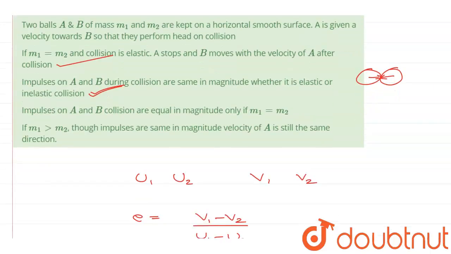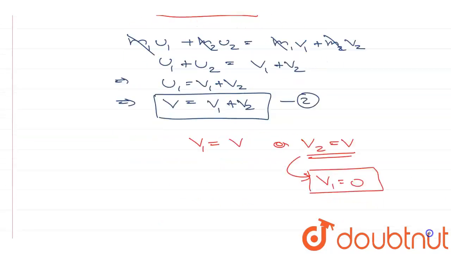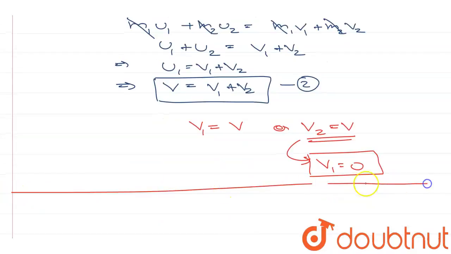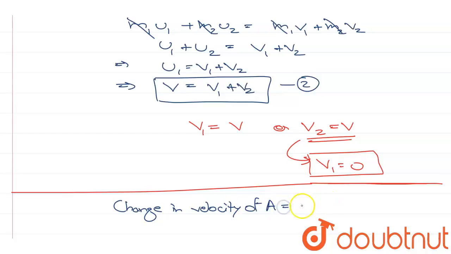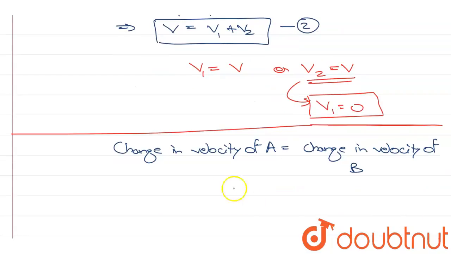Also, no matter what the nature of collision, in order to keep the principle of conservation of momentum, we need to have that change in momentum of A should be equal and opposite to that of B, and this is basically the impulses.